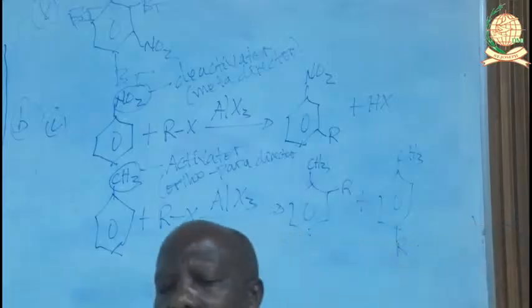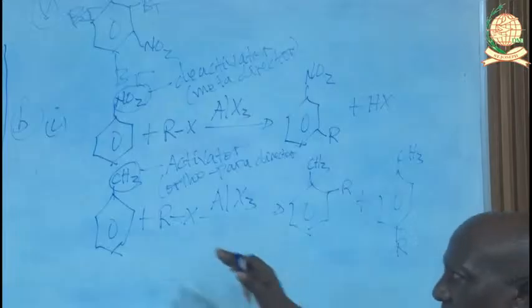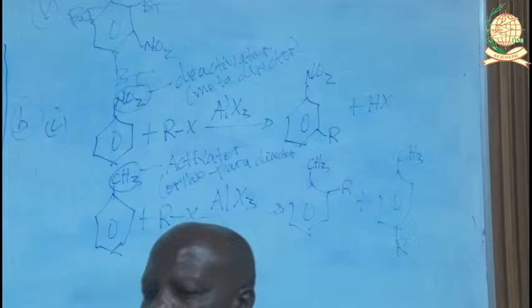That is why the alkylation of nitrobenzene ends up with the formation of one product, because the nitro group is a deactivator, which in turn is a meta director, while the alkylation of toluene or methyl benzene ends up with the formation of two products, because methyl group is an activator, which is an ortho para director. So the two products will be the ortho as well as the para products.